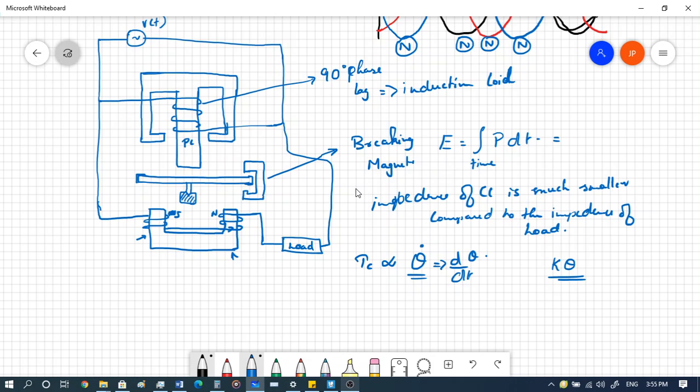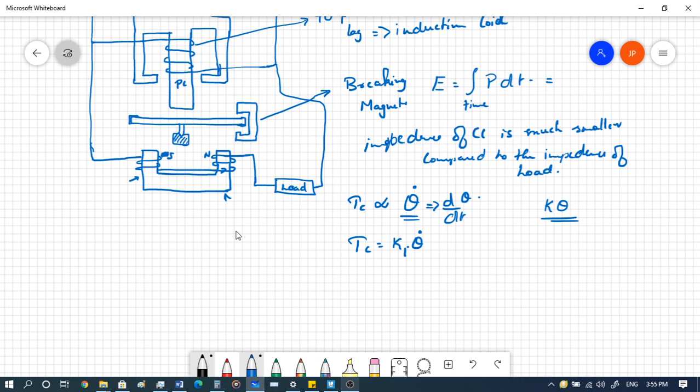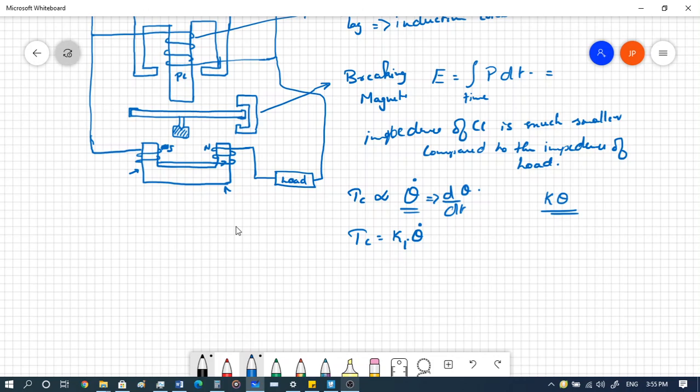So here what we get is that we can write the controlling torque as k1 into theta dot, or theta dash, and the deflecting torque in this case will depend upon the current ICC and the voltage across the pressure coil, right?